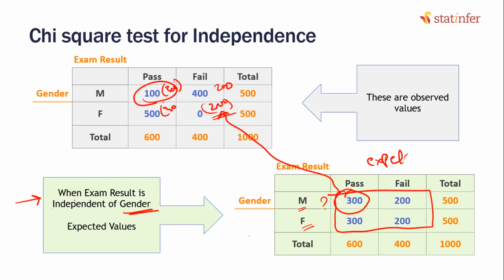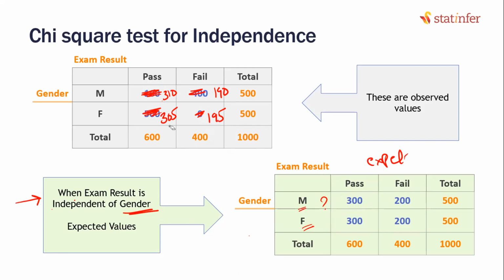If there is a huge difference, let us suppose the result table is like this. Ignore these numbers. Let's say there is 310 here, 190 here, and around 305 here and 195 here. Expected values are 300. Instead of 300, you got 310.